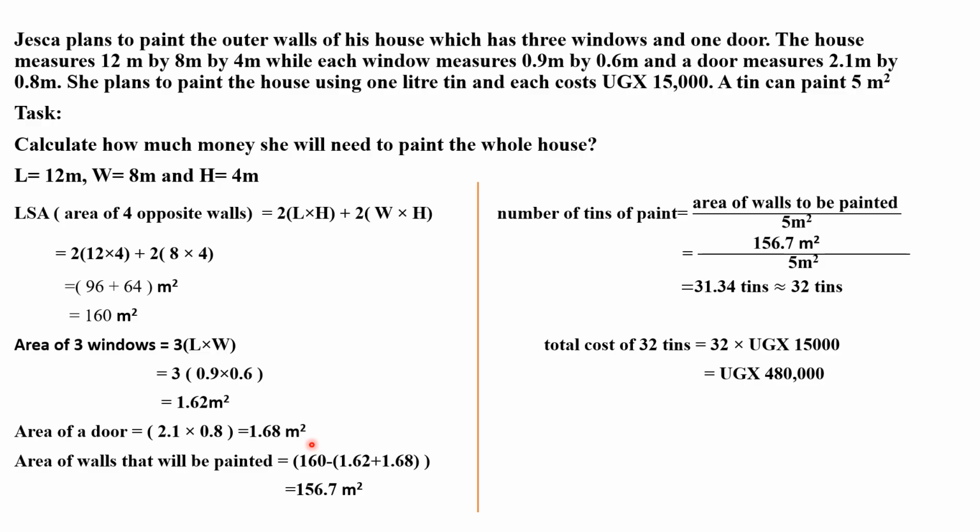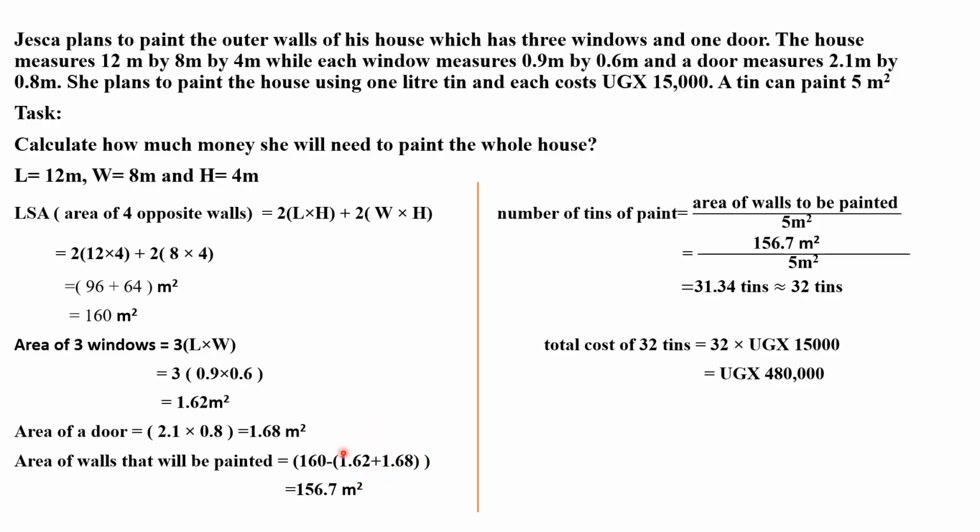So the area of walls that will be painted. Here I'm going to consider the 4 walls, but what I will not paint is the space where the windows are and the door. So I'll just come and get the area of the 4 walls minus the area which is not going to be painted.